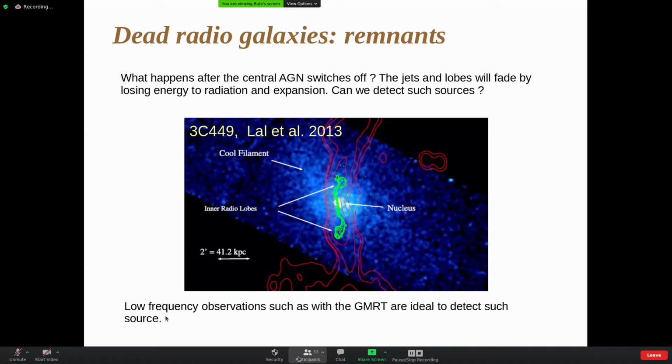In case of cluster galaxies in general, BCGs are at the potential minimum of the cluster, so they don't move much. So the distortions are not very common in BCGs. The distortions are on a larger scale where the cluster medium starts to distort the jets.